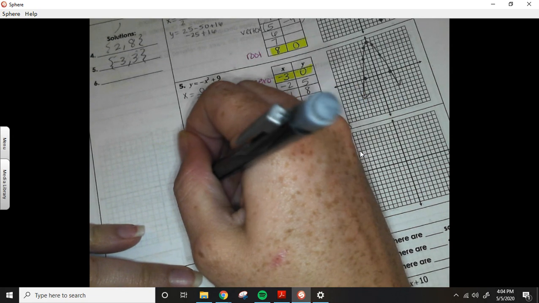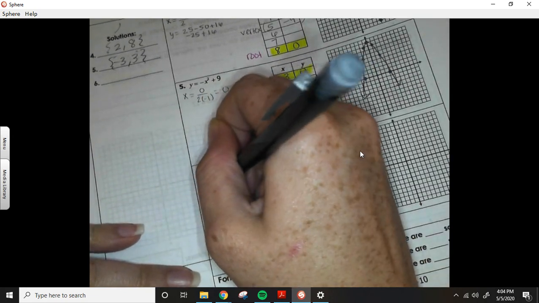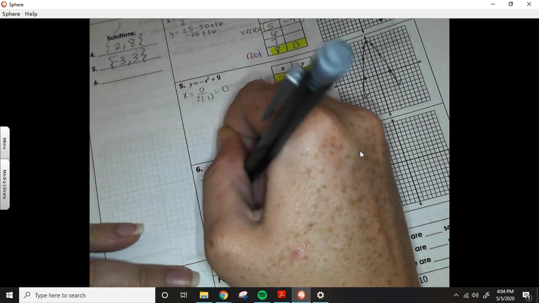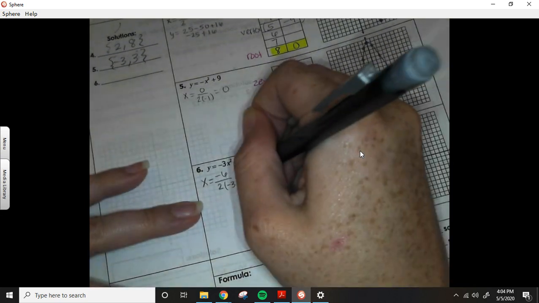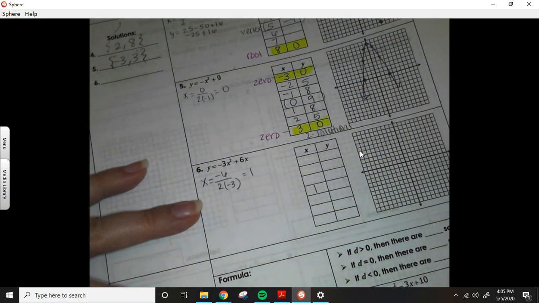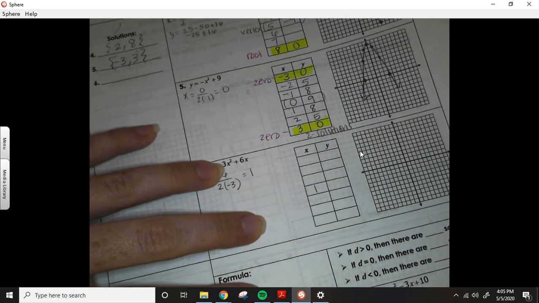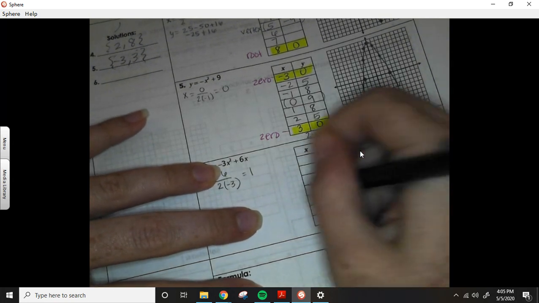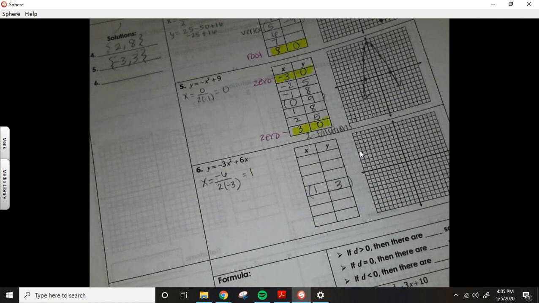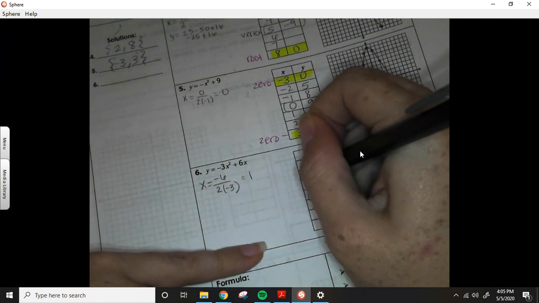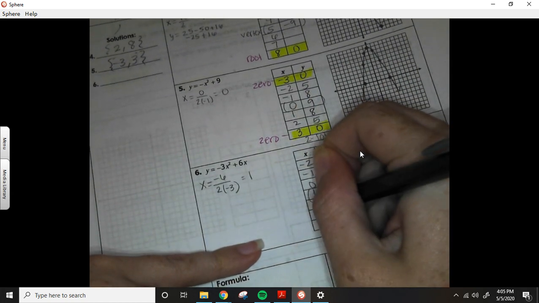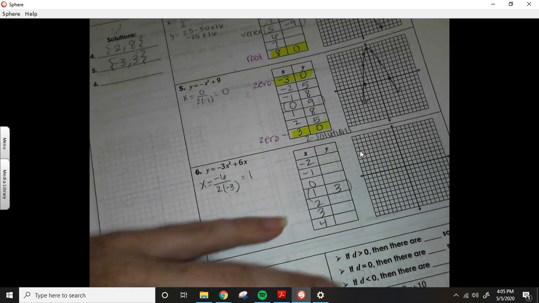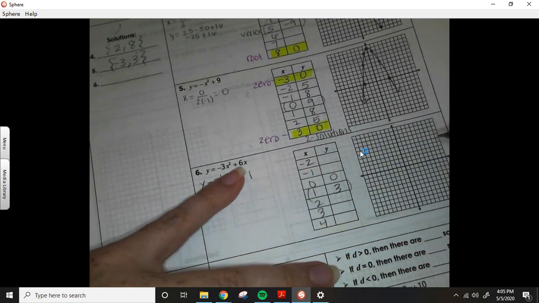Okay, this one's opening down again. So let's do our axis of symmetry, -6 over 2 times -3, which gives us -6 over -6, which is 1. Let's plug in 1. 1 squared is 1 times -3 plus 6 is 3. So our vertex is 1, 3. Okay, 0, -1, -2, 2, 3, 4. Let's plug in 0, we get 0.